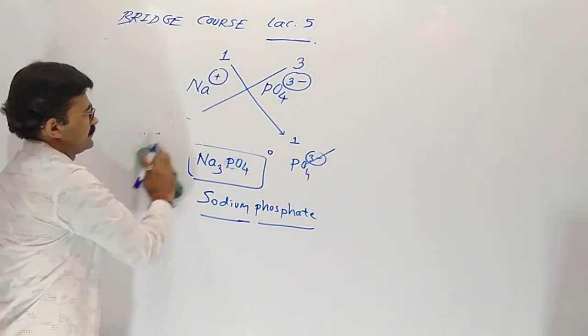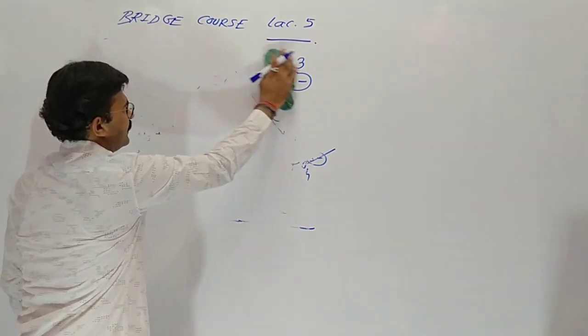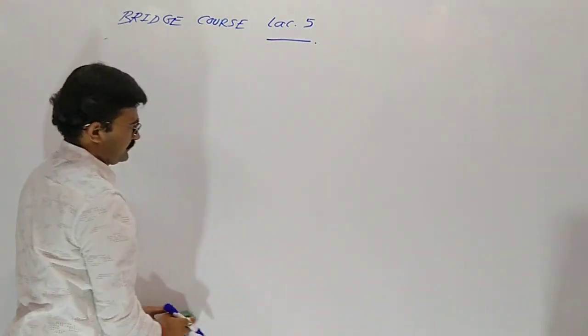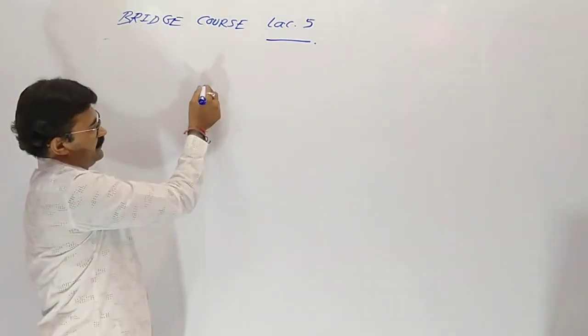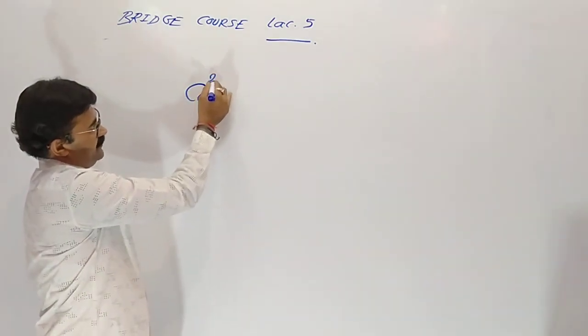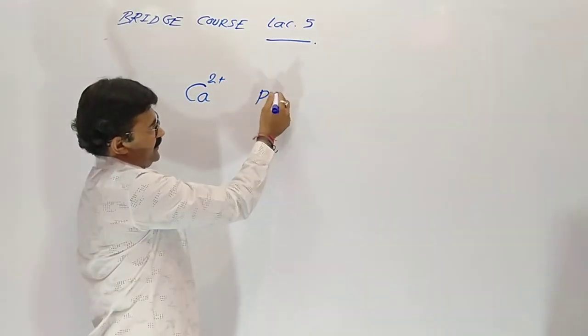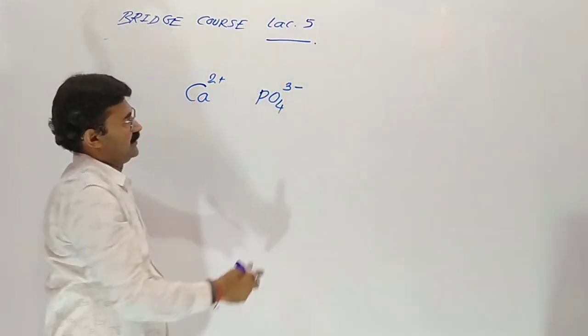Now the second example, calcium with phosphate. So what happens there? Calcium has 2 plus and phosphate has charge minus 3.